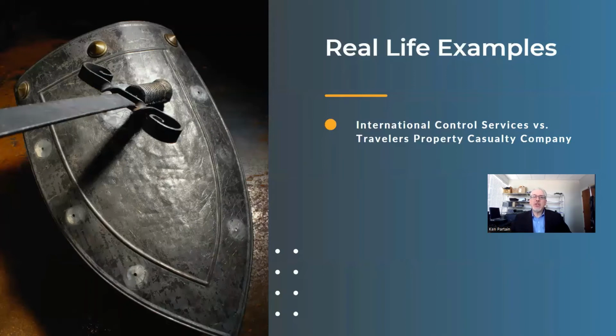Travelers Property Casualty Company said it wants the court to declare the insurance contract null and void, annul the policy, and declare that it has no duty to reimburse or defend International Control Services for any claim. So there's a lot at stake here.